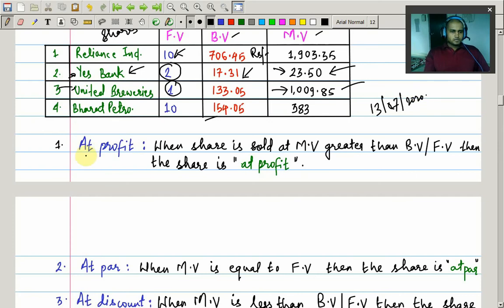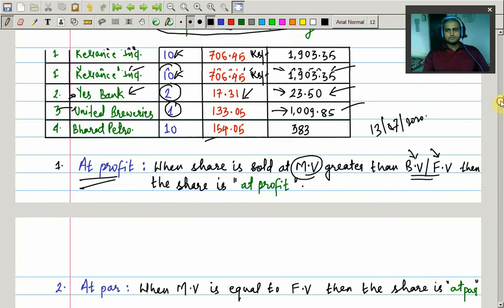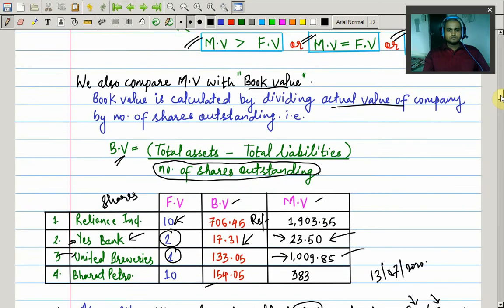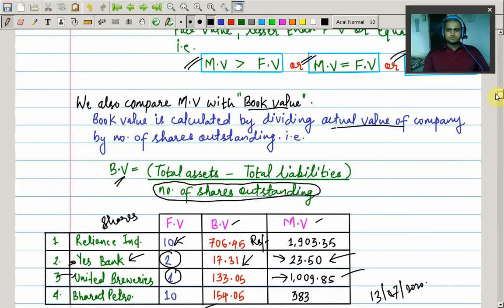Now, what do we mean by at profit? Shares at profit. When a share is sold at market value, which is greater than book value or face value, then the share is at profit. So we are comparing with book value, also with face value, because sometimes we compare with book value also.